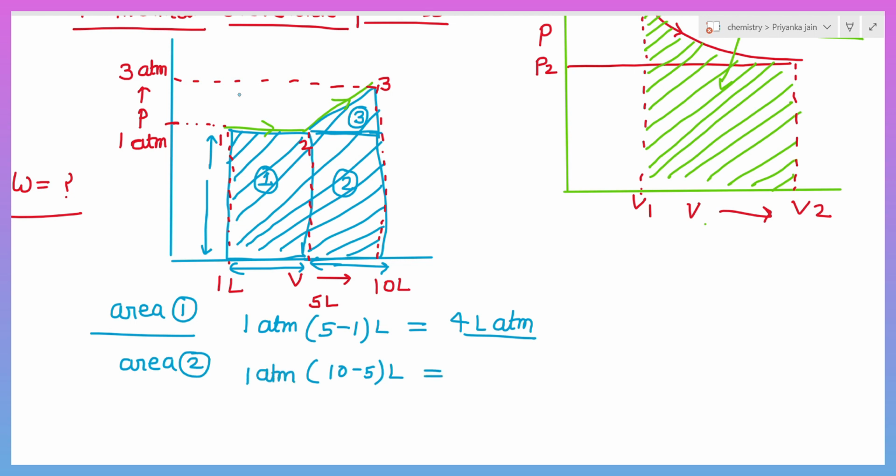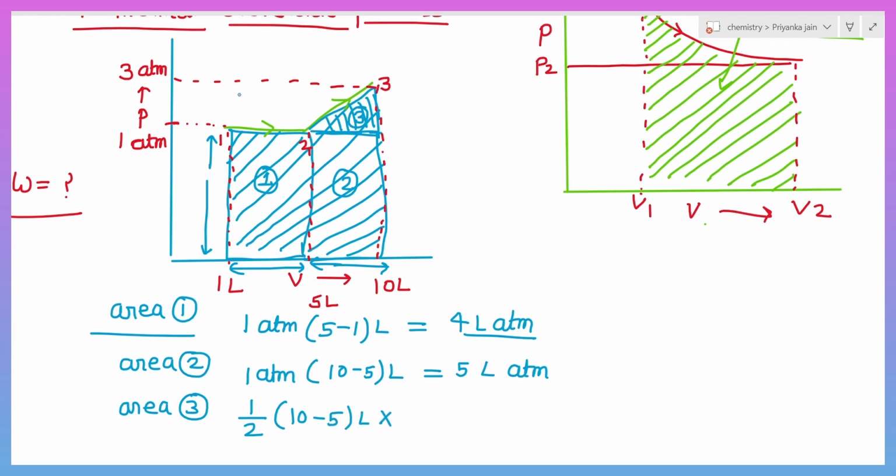So this area will be equal to 5 into 1, that is 5 liter atmosphere. Now you have to find the area of triangle number 3. This will be equal to half into base into height. You can see the base is equal to 10 minus 5 liter.